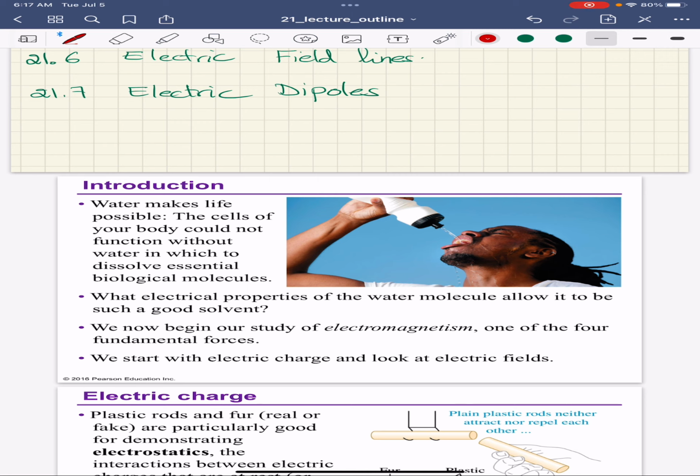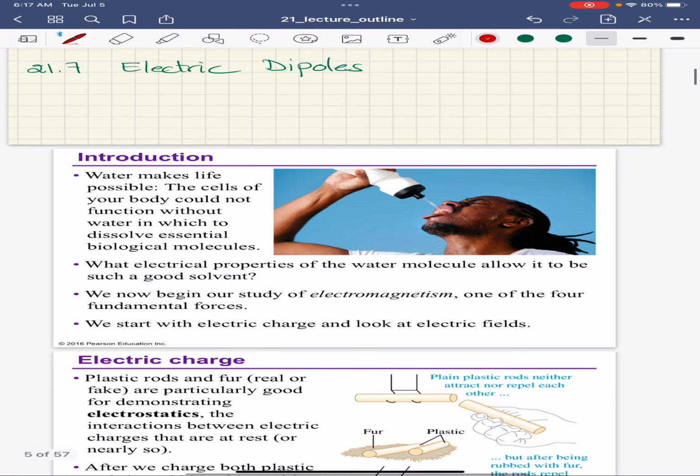Water is an essential factor responsible for dissolving most of the biological molecules. In this chapter, we are going to understand what electrical properties of water make it a good solvent.